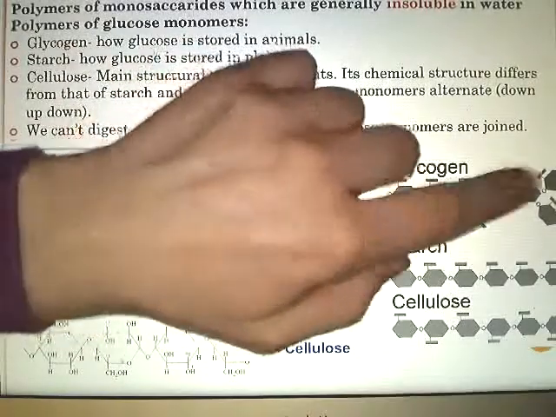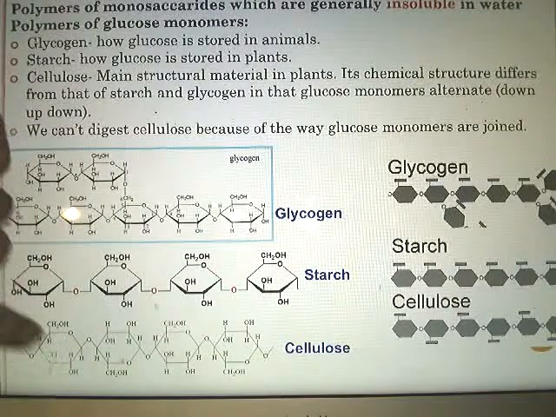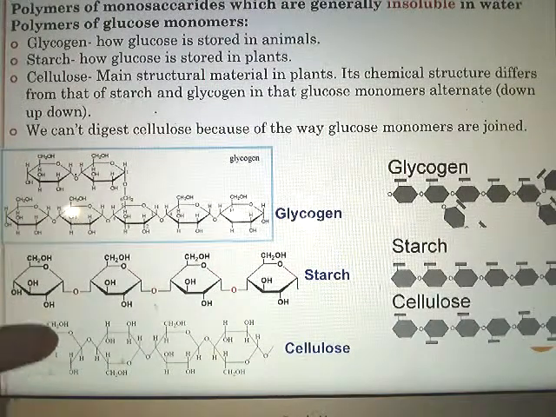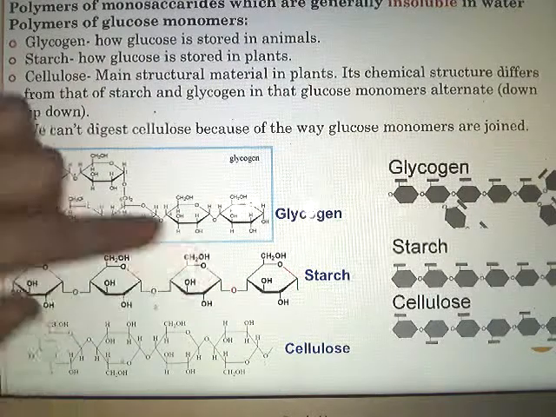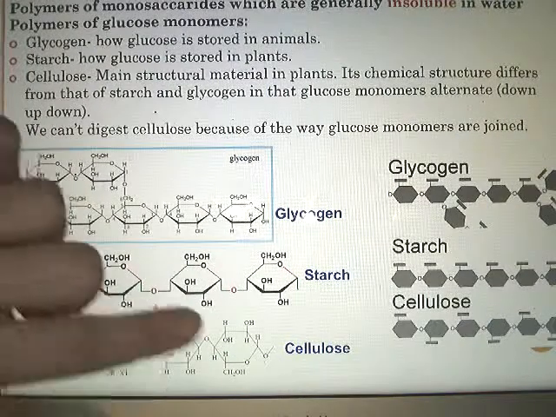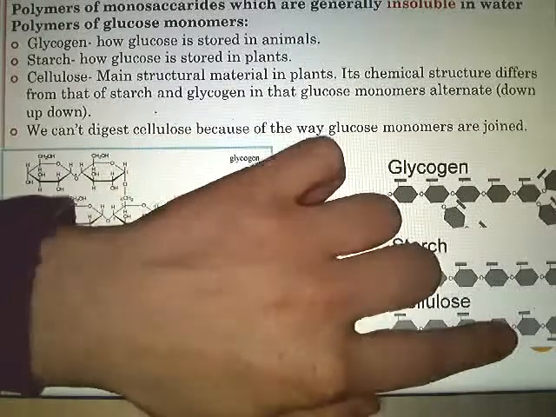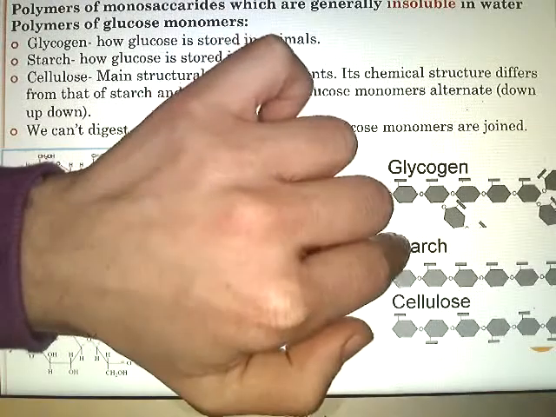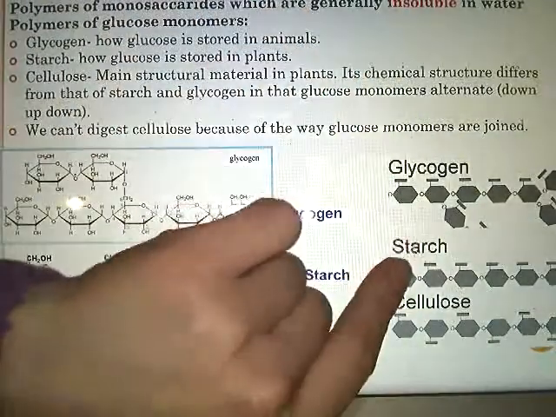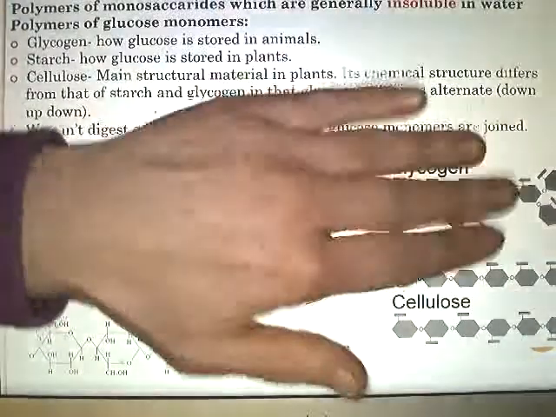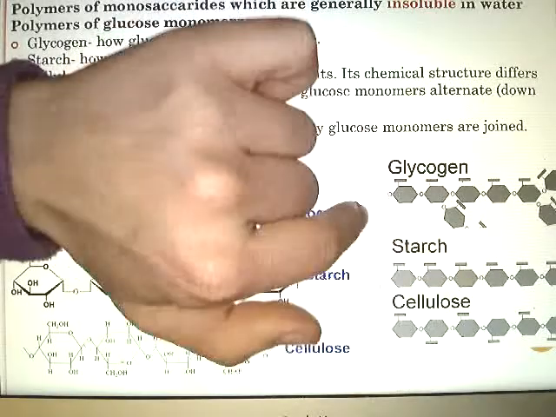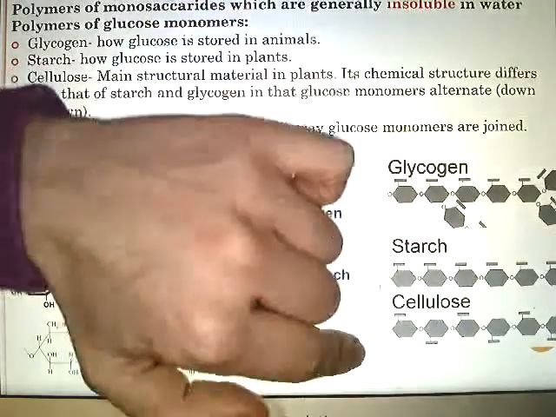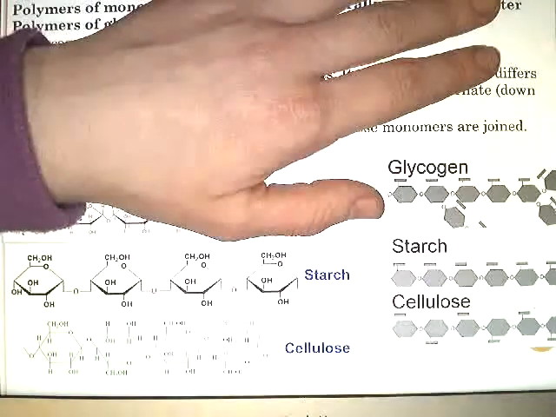And it's pictorially represented here. But in cellulose, it's got the carbons, the little branch coming off, in alternating directions. So up and down and up and down. And that's represented over here. Now starch is represented with all the carbons in the same direction, just like glycogen. These two have a very similar structure. It's just that glycogen tends to be more branched than starch. And that's really all you need to know about carbohydrates.